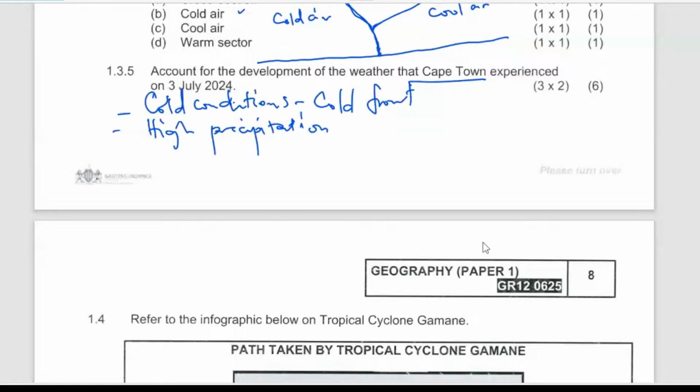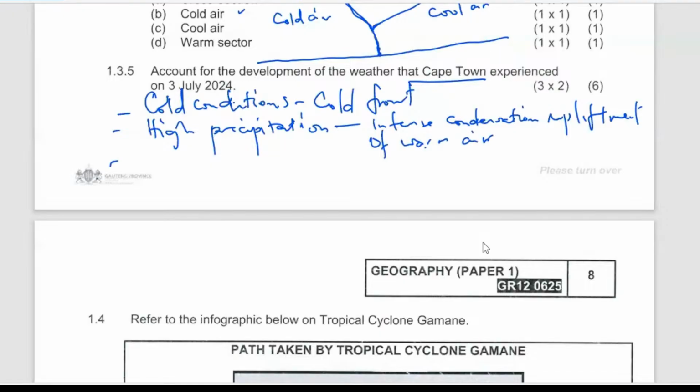Where does the high precipitation come from? It is because of intense condensation, because of upliftment of warm air. As the warm air is uplifted, it condenses and produces rainfall.